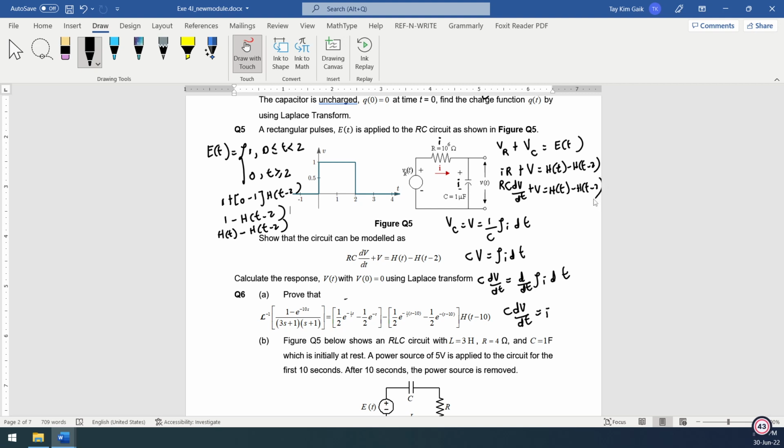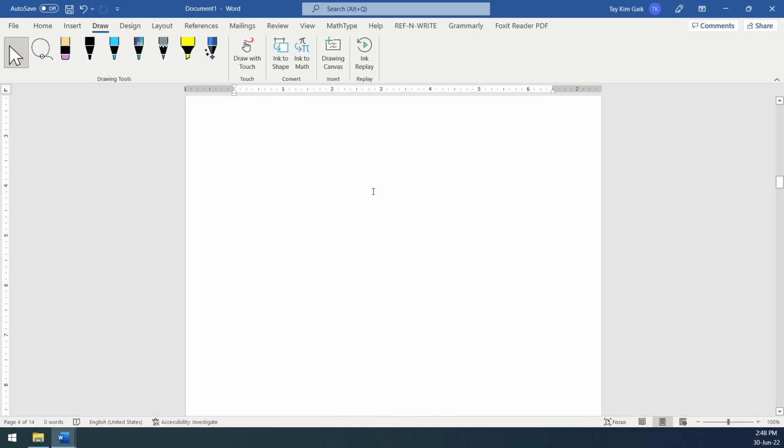Then plug in. R is 10 to the power 6, C is 1 microfarad, which is 10 to the power negative 6. So R times C, you have 1. This is still exercise 4J question 5.